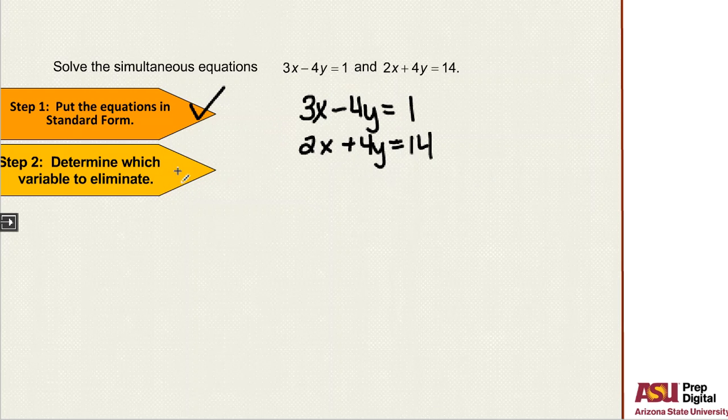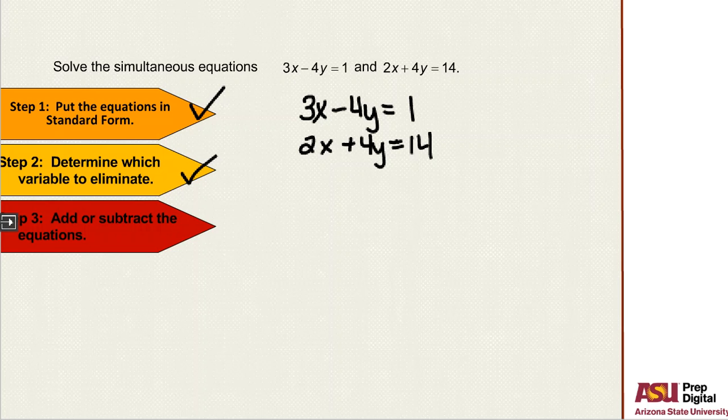Now that I've done that, I'm going to perform addition or subtraction. For elimination purposes, you're trying to make a 0. You don't want to add equations if all you're going to get is bigger numbers. If this was a positive 4y, if I add 4y plus 4y, I just get 8y.